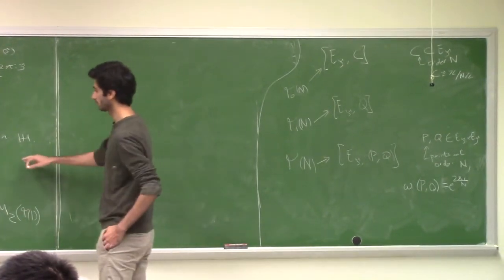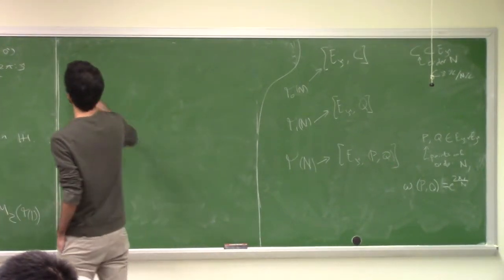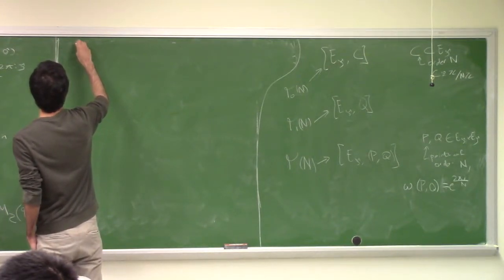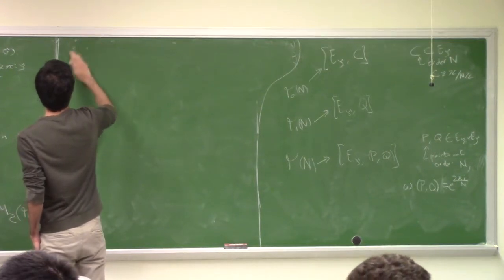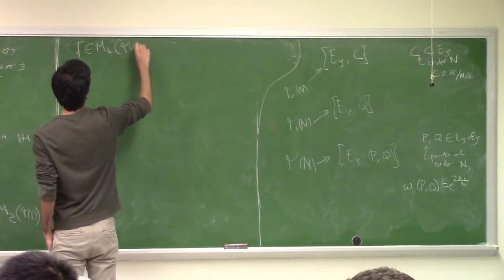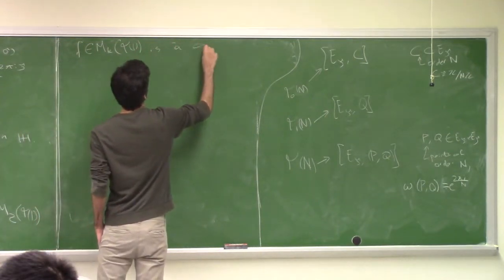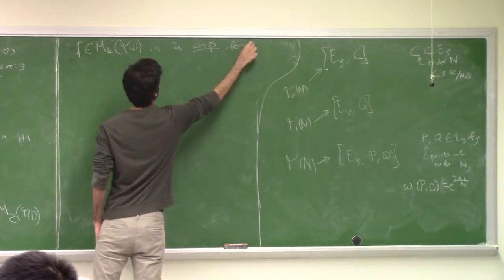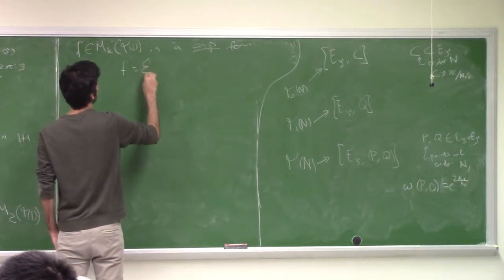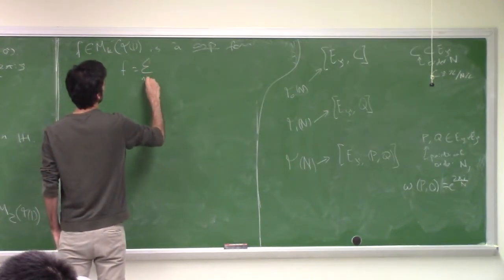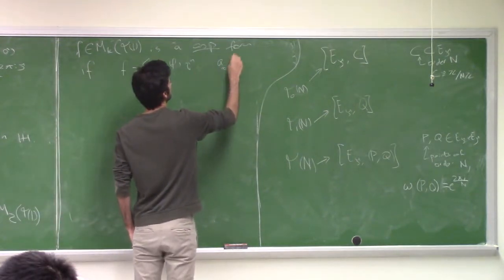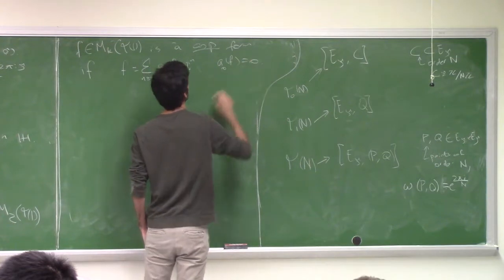So I have to make one more definition really quickly. So, let's say a weight k modular form on gamma 1 is a cusp form if in this expansion A_0(x) is equal to 0.